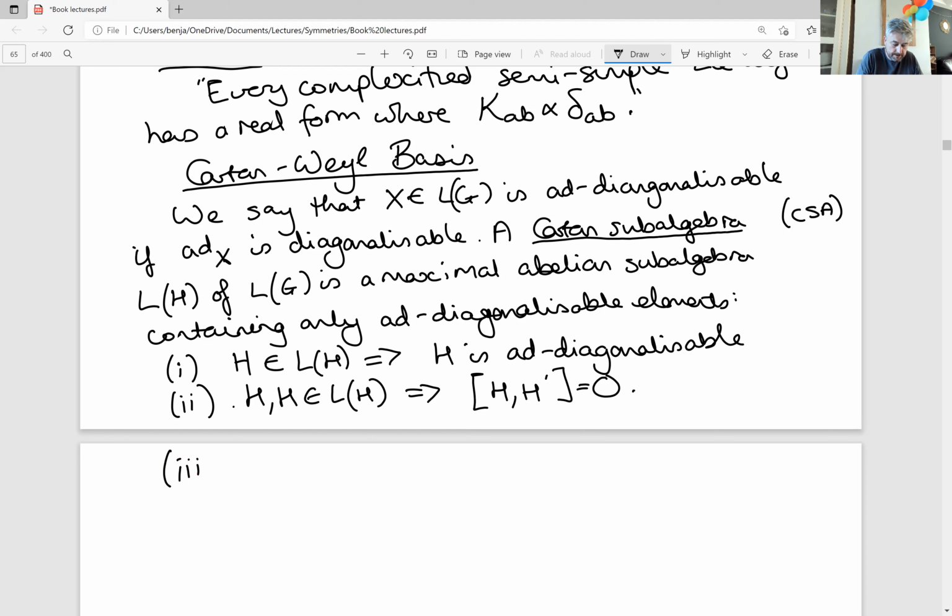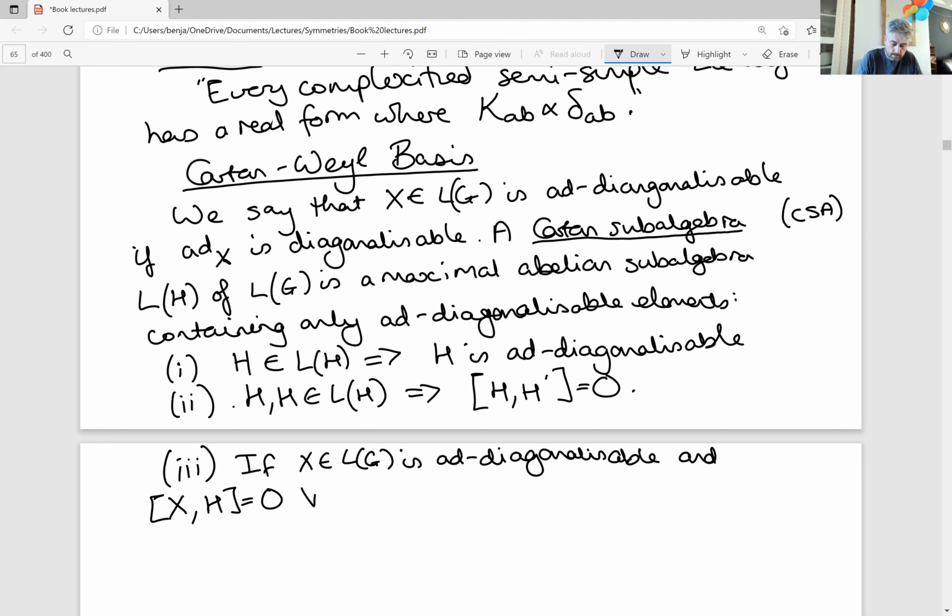And three, if X in the Lie algebra is ad-diagonalizable, and the Lie bracket between X and H is 0 for all elements of the Cartan subalgebra, then X must be in the Cartan subalgebra.